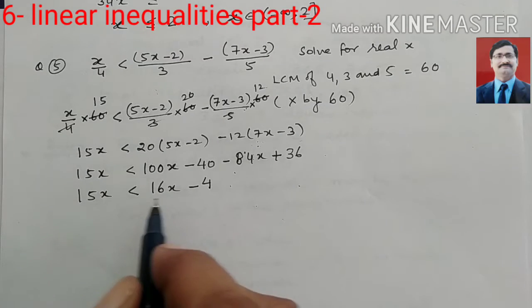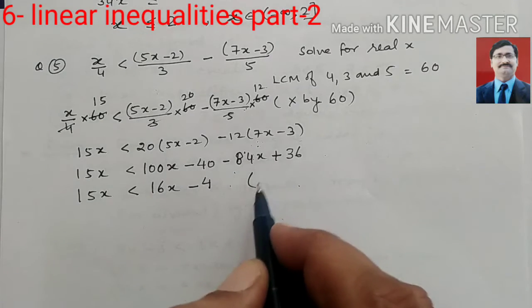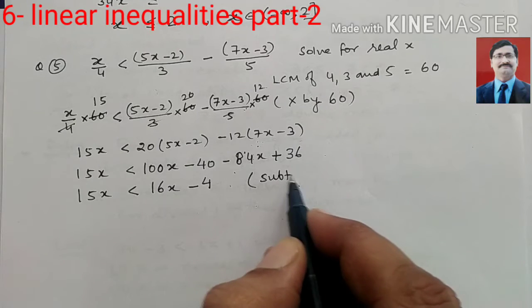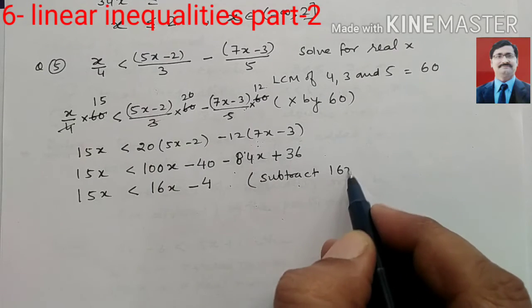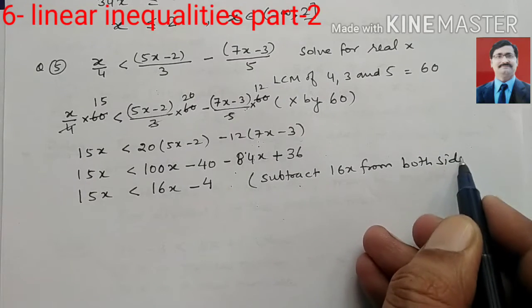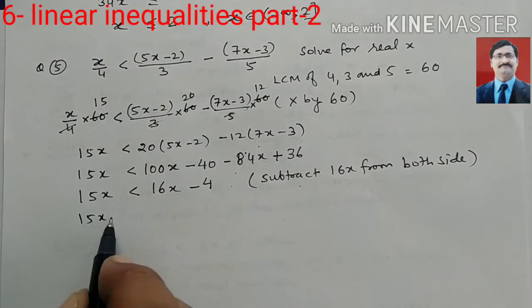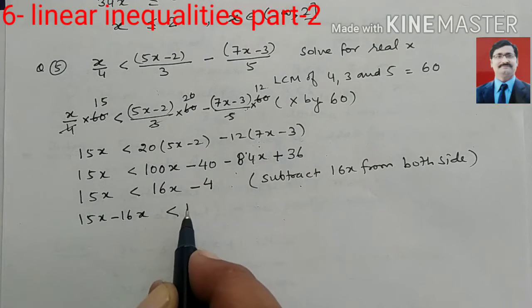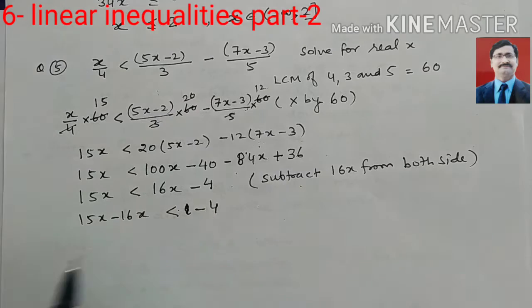Now I do not want this 16x here, so subtract 16x from both sides. So 15x minus 16x is on the left, and 16x minus 16x will cancel on the right, so we get minus 4.